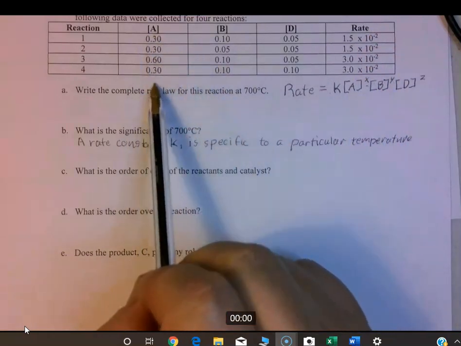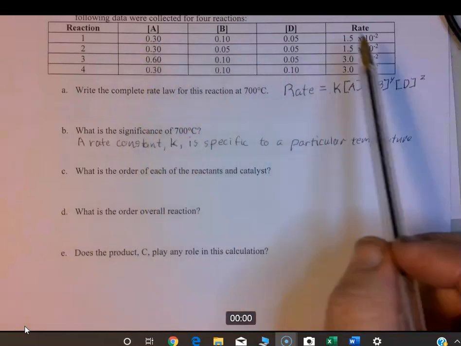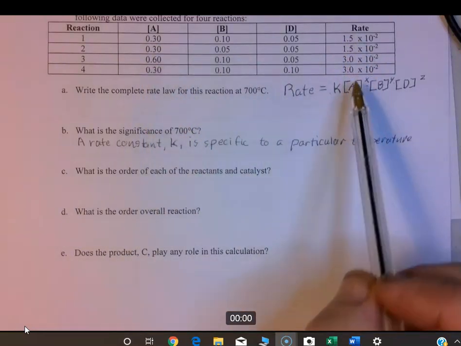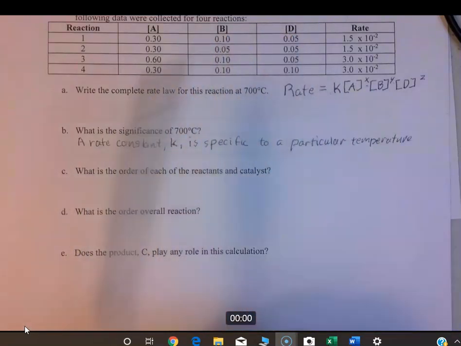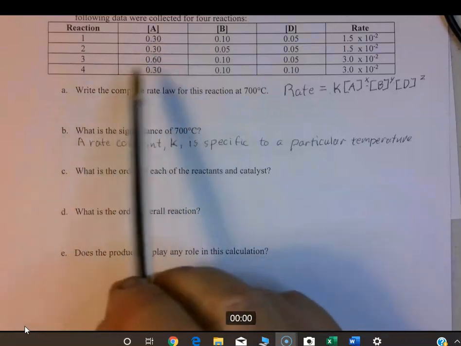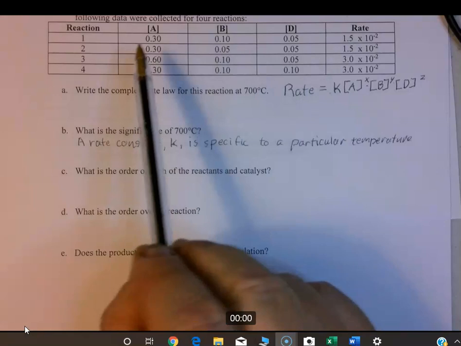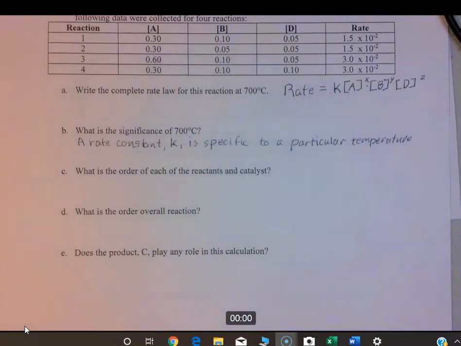How does a change in the concentration of A by itself affect the rate of the reaction, how fast the reaction goes? In order to do that, we need to hold B and D constant so that the only thing changing is A. So we have to find two of these reactions, any two that will keep B and D constant.